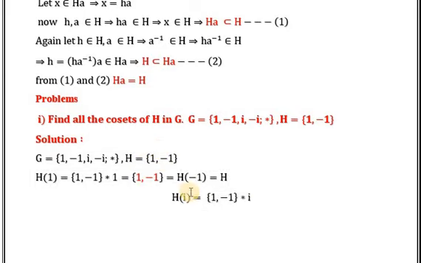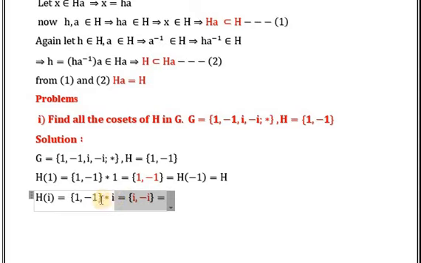So next, the element i, Hi, we will calculate. We are operating with 1 into i and minus 1 into i. So 1 into i is i, and minus 1 into i is minus i. So the coset Hi is equal to {i, minus i}.